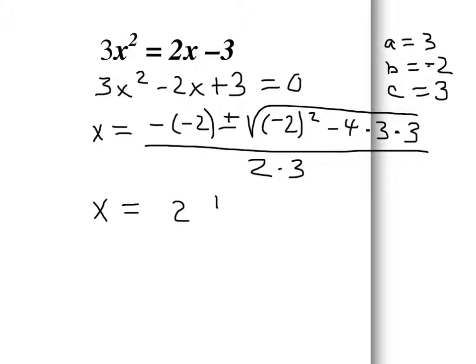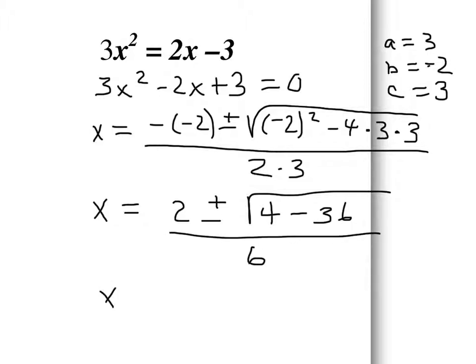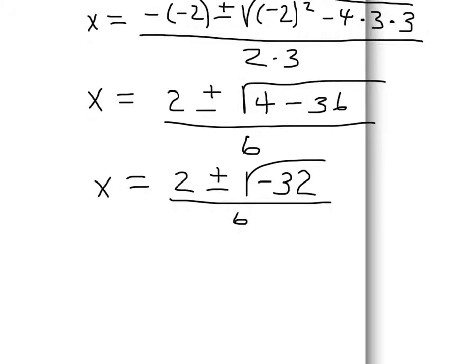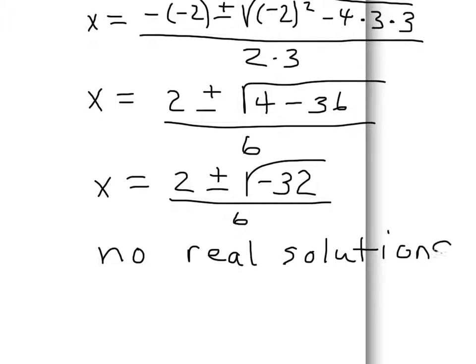That gives us a positive 2 plus or minus the square root of 4 minus 4 times 3 is 12 times 3 is 36, over 6. 2 plus or minus the square root of -32. What do you think about that square root of a negative number? No real solutions. There might be some imaginary ones, but no real solutions.